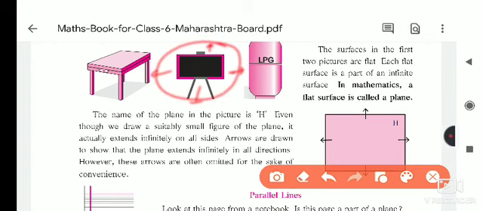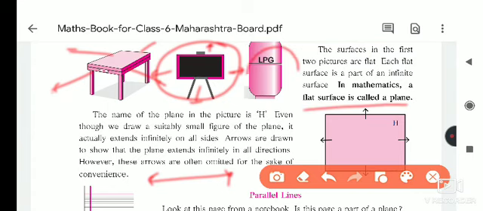And if we see the table, if we want a bigger table, then we can enlarge it on all sides. Just as the line we can extend on both sides, there is no limit. Same way this plane also, this flat surface is called a plane.